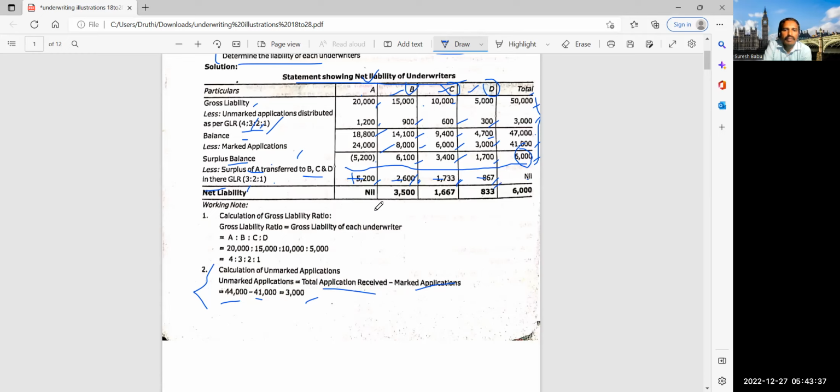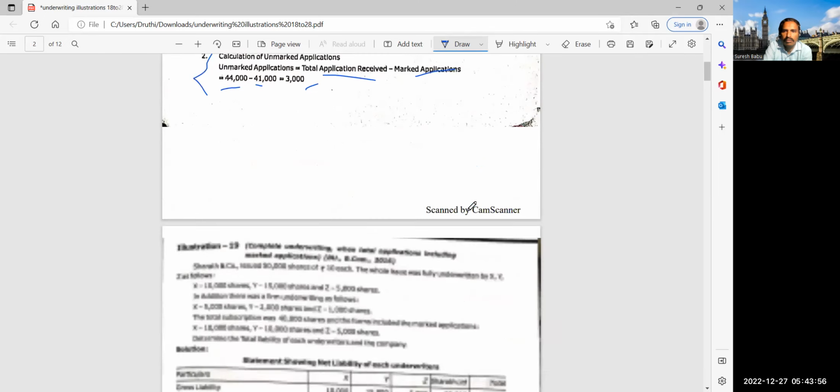Here it is nil. So A need not purchase anything, but B 3,500, C 1,667, D 833, in total 6,000. So this is the liability of underwriters. A need not purchase, B, C, D have to purchase.